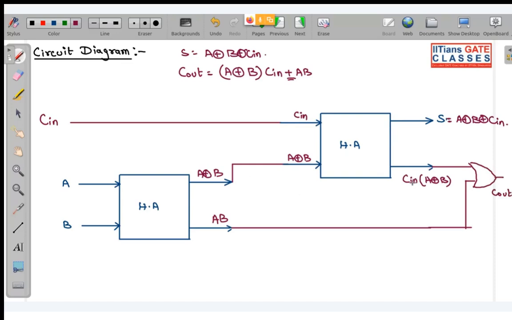So you can see Cin A XOR B and AB is coming. So you can implement the circuit using two half adders and one OR gate.